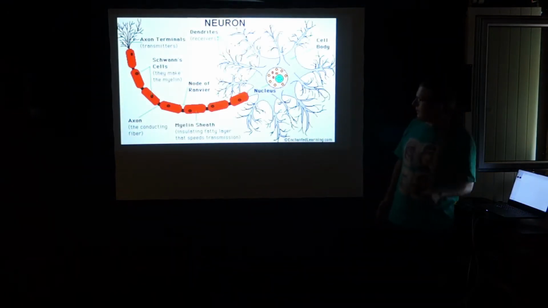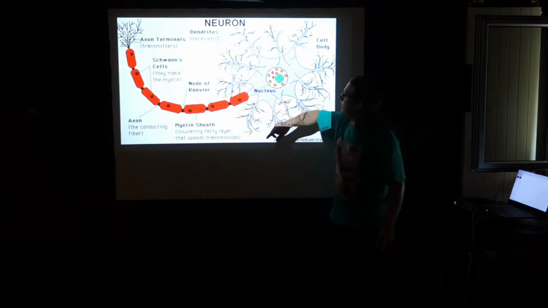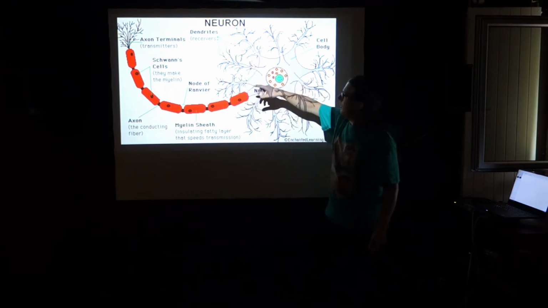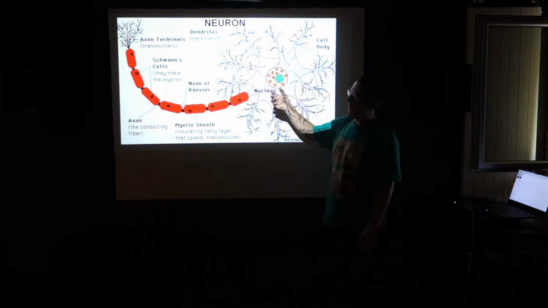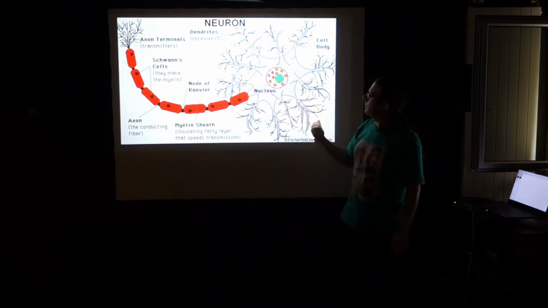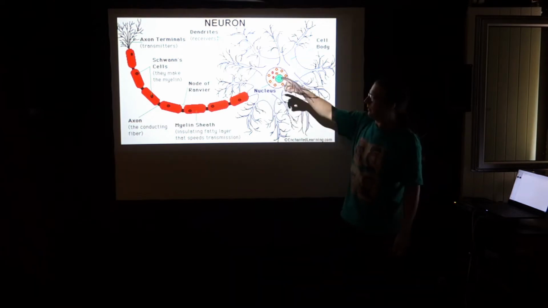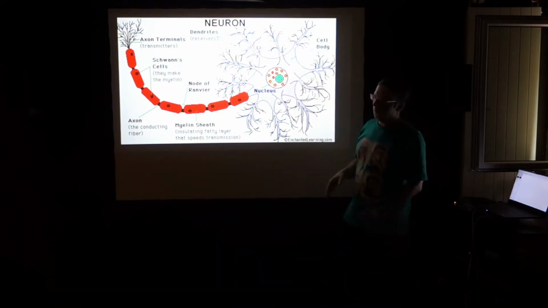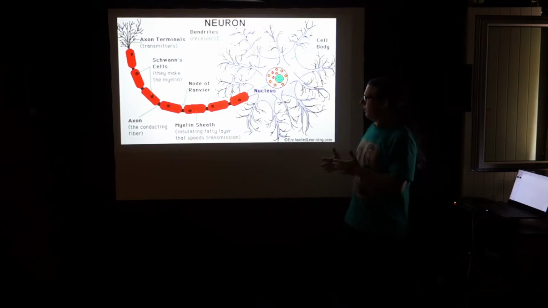They have this thing, this is called the axon, and then there are the dendrites. Those are the receiving parts, so the input parts of the neuron, and the axon is like the output terminal of the neuron. And they are all interconnected.